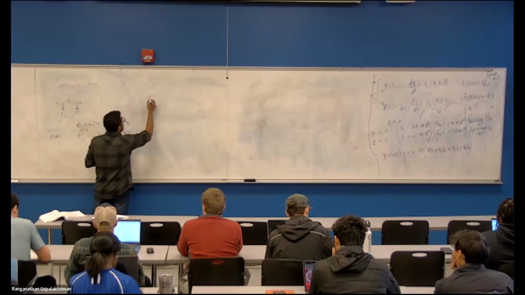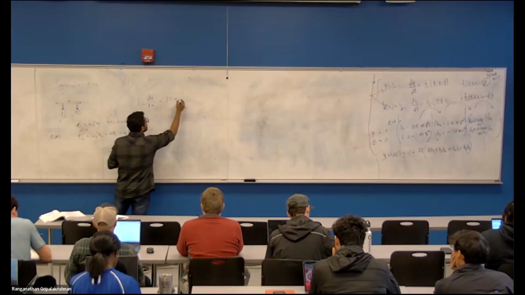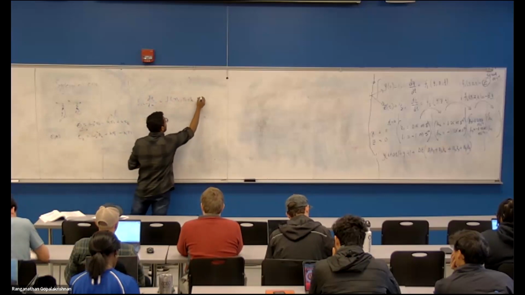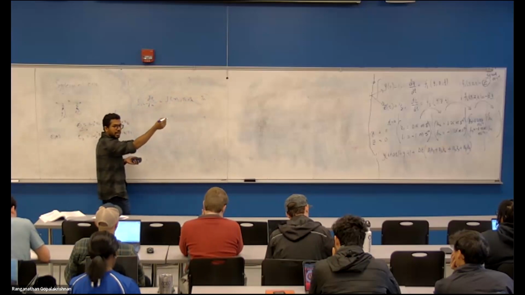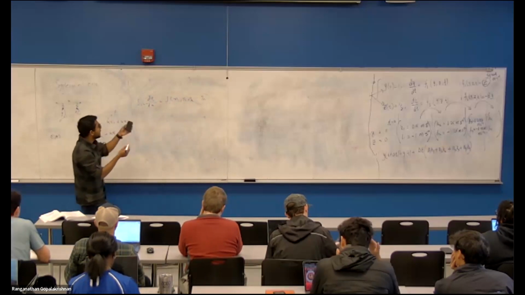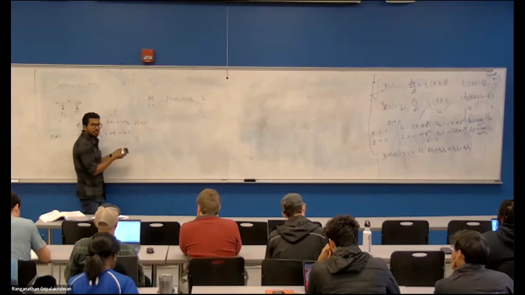A system of linear ODEs can be written generally as f1 equal to f1 of x, y1, y2 up to yn. Initially, in the RK4 method, we only saw f of x and y, right?